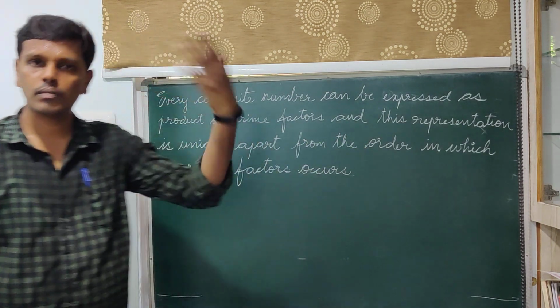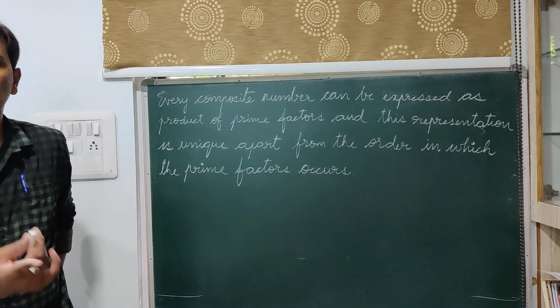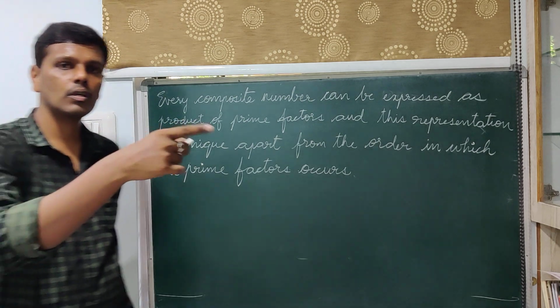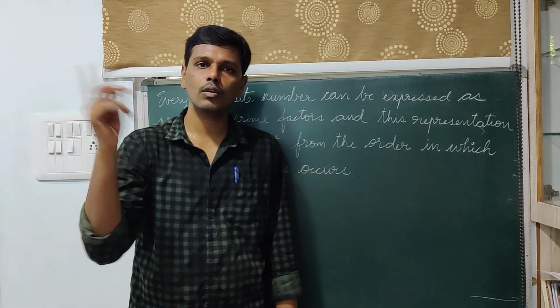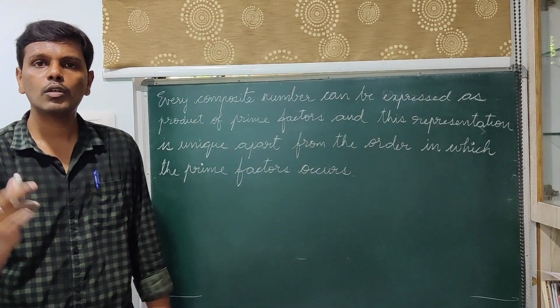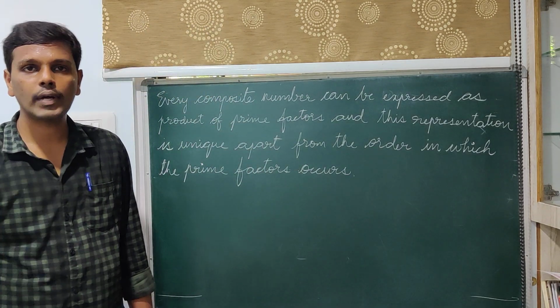That is, you will get the same prime factors but in a different way. Suppose you get 2 into 5 into 2 into 7, then it can be any other order if you do it in a different way, but you will always come across the same prime factors.